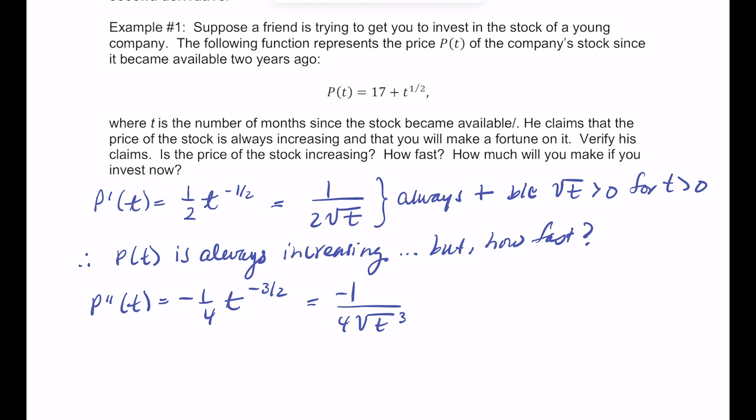Now I can see here I have this negative introduced. So the second derivative is negative when t is greater than 0, right?